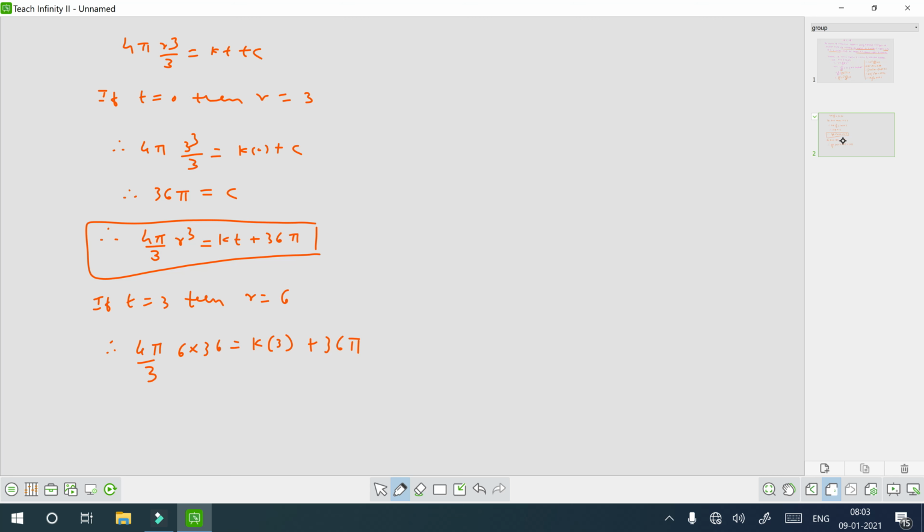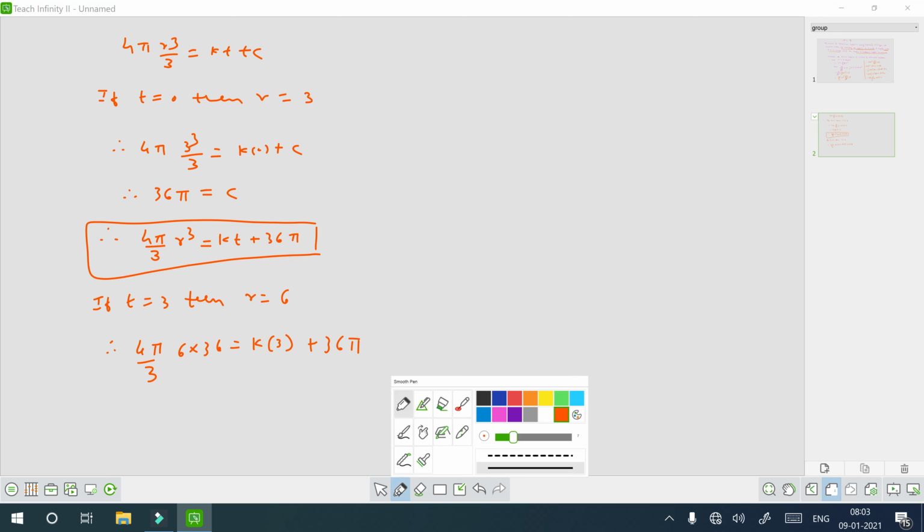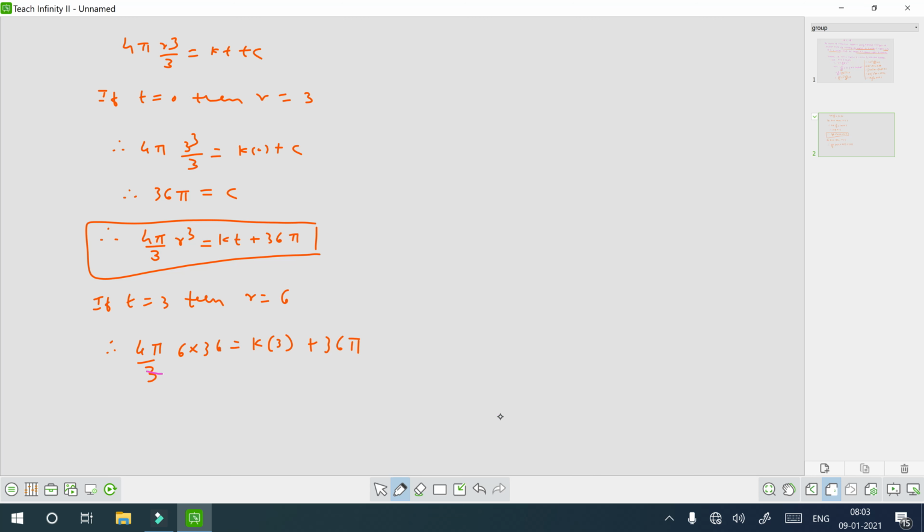If we consider 36 pi on both sides, 6 cube is 216, 4 pi by 3 into 216 is 288 pi, so 288 pi is equal to 3k plus 36 pi.